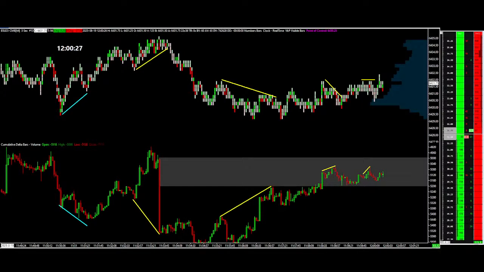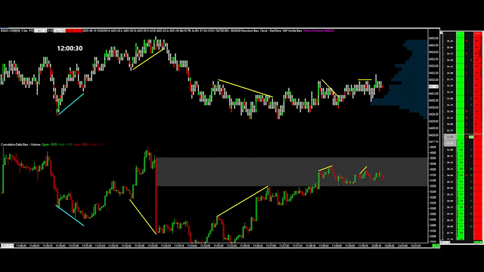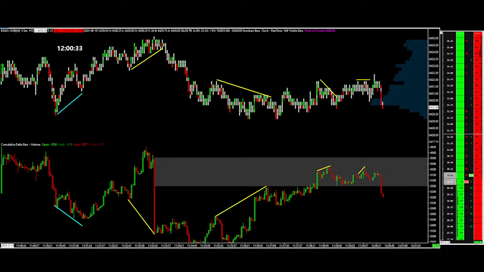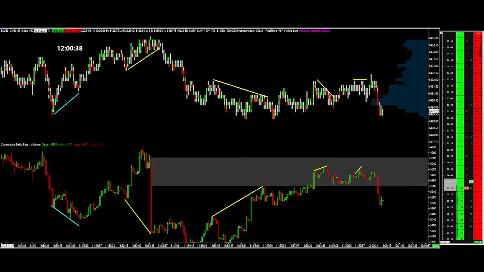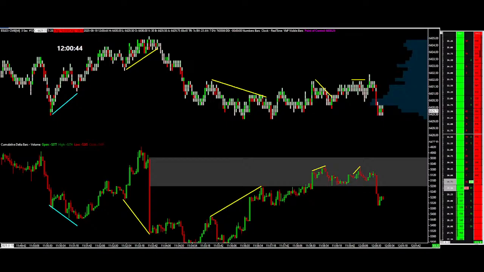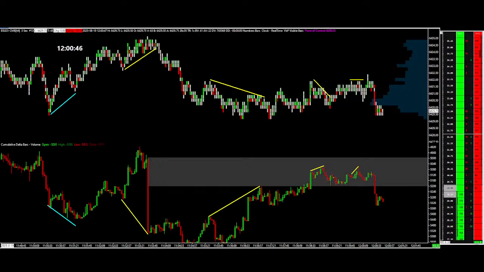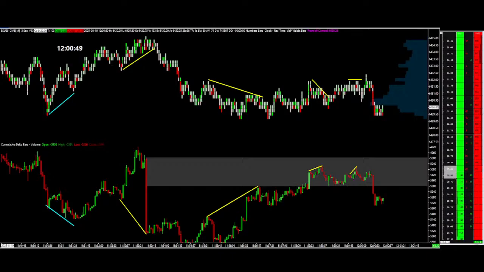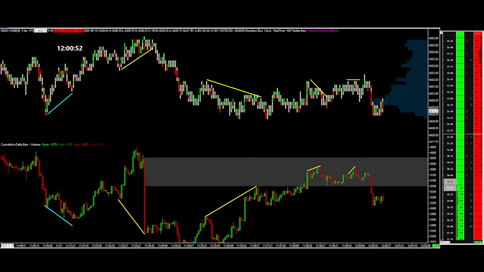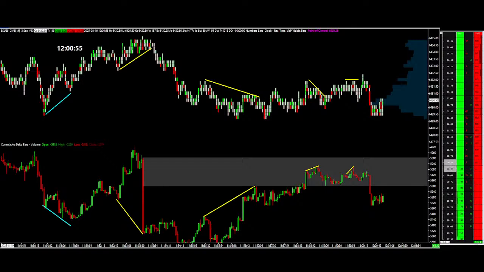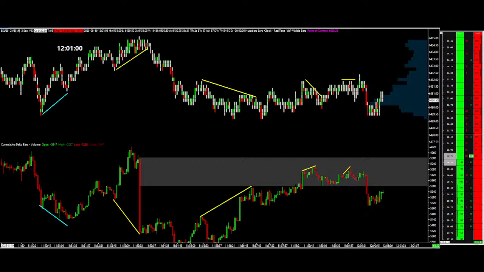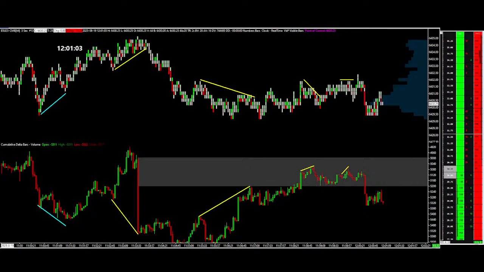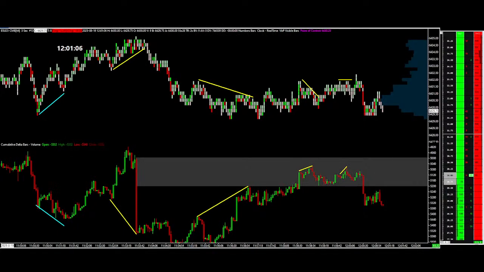But when they're breaking it, they're just top ticking it. They're spoofing it up. Buy side divergence slightly.